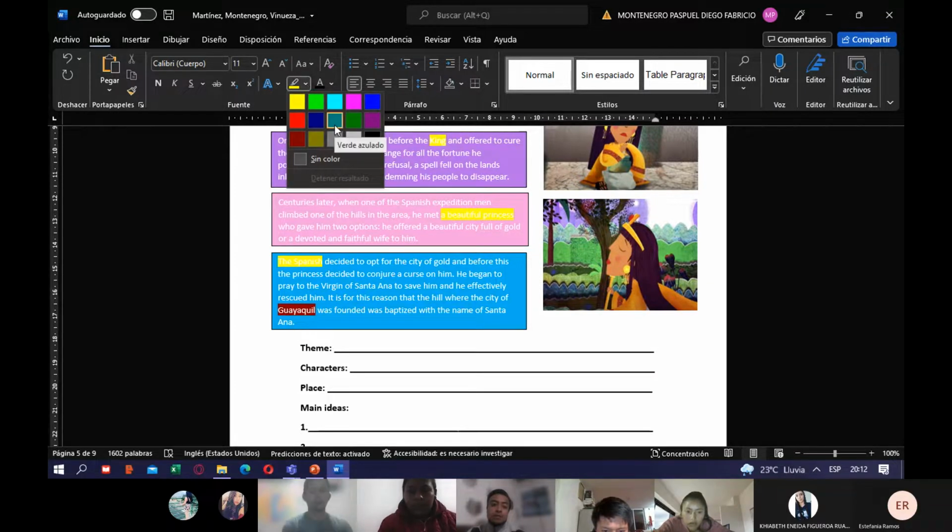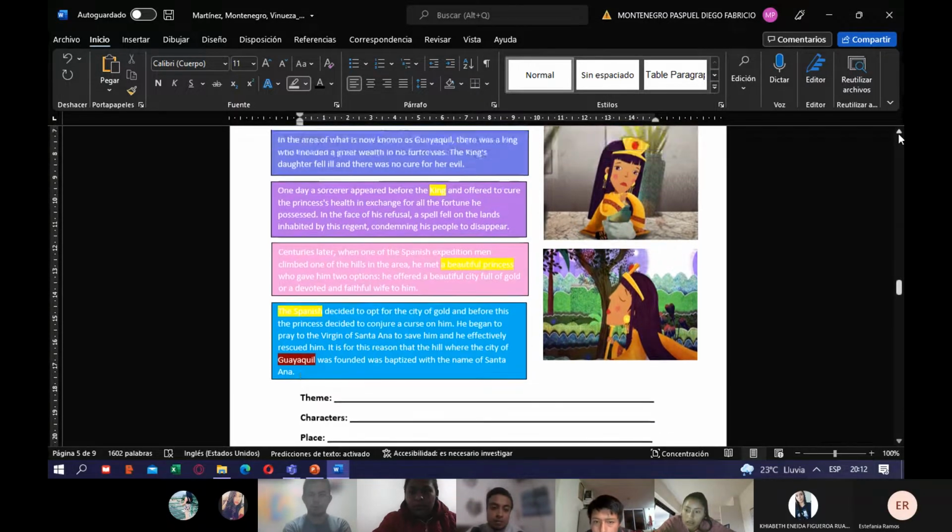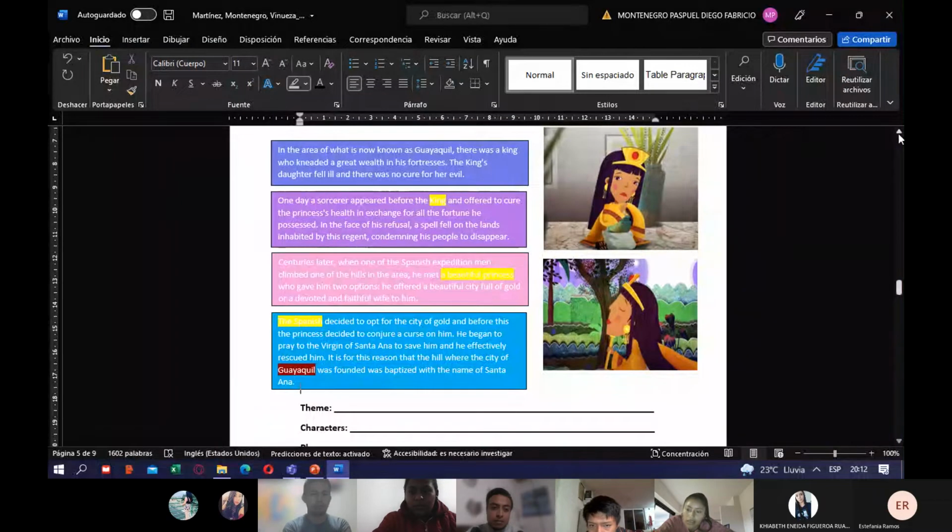The first one could be, I don't know, King's daughters fell ill, and then as a consequence happened the sorcerer appears to offer a cure to save the princess, and the last one is the Spanish appears to take a decision that it's going to affect the princess of Santana, maybe. Yes. Thank you for your participation.